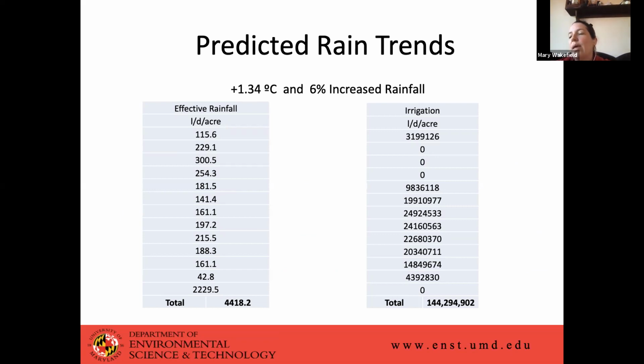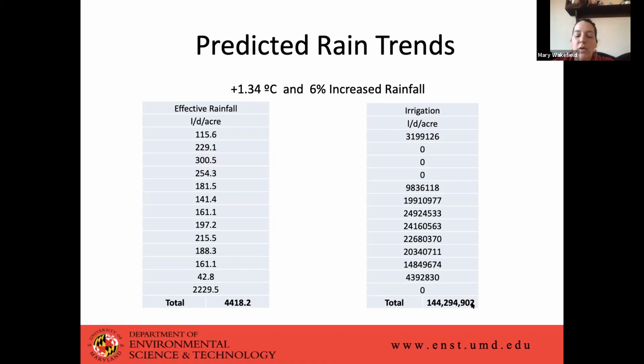We had two of them, and one of them, overall for the eastern area, the Maryland region, looks at a minor increase of 1.34 degrees Celsius and a 6% increased rainfall, again bearing in mind that increased rainfall tends to happen in clumps and not in additional days. So what happens if we have this increased temperature and this increased rainfall? Our effective rainfall ends up being a little higher, and our irrigation requirements also increase a little.